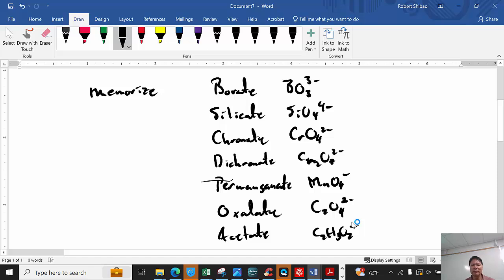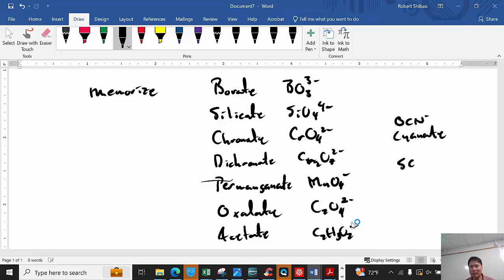And then there are some other anions that aren't as common. I might have missed one or two, but there are some others in the book. For example, cyanate and thiocyanate. For dichromate, is that O7? O7, yeah, Cr2O7.